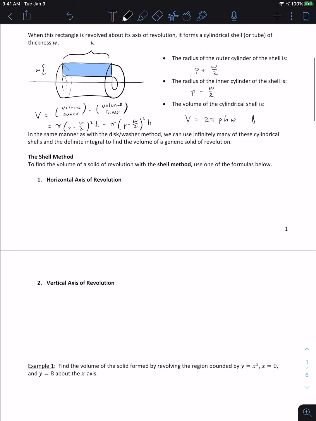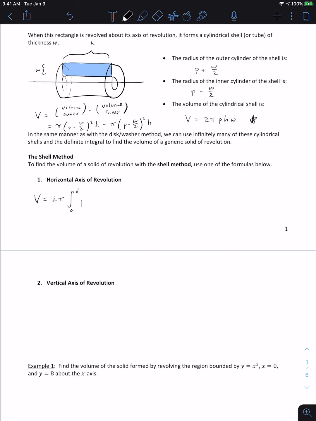So this formula right here is going to be the formula that I'm going to take infinitely many of these volumes, right? So infinitely many means the integral, right? So that 2 pi here, if I wanted to have my formula for the shell method, I'm going to use 2 pi, and then I'm going to do the integral from c to d.